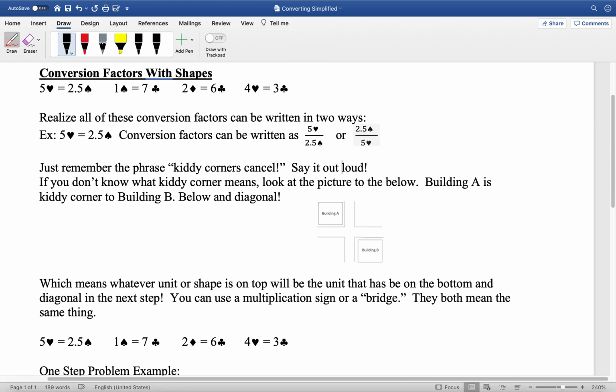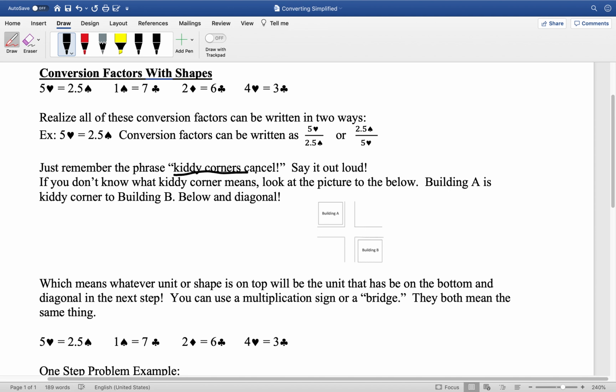Now, when you're doing a conversion with the units, you have to decide, am I going to write it like this with the 5 hearts over 2.5 spades, or am I going to write it like this, 2.5 spades over 5 hearts?